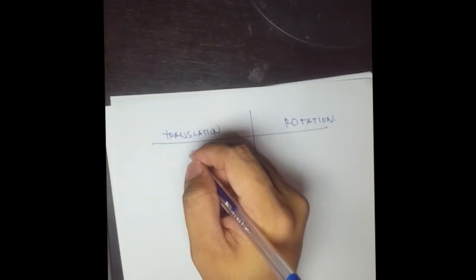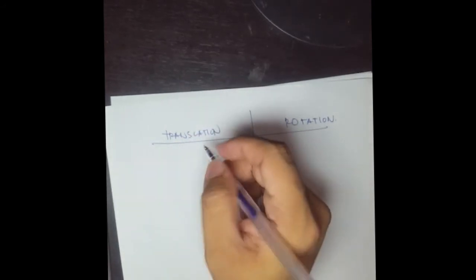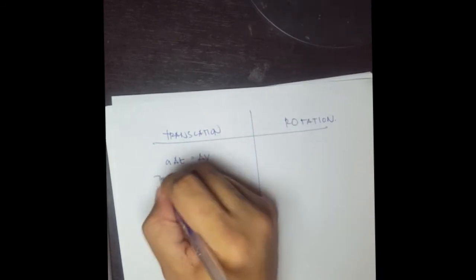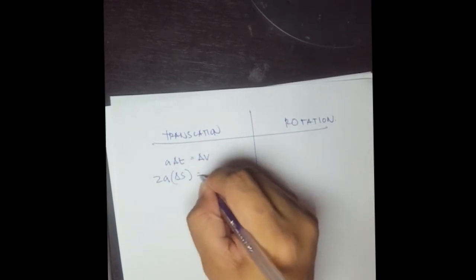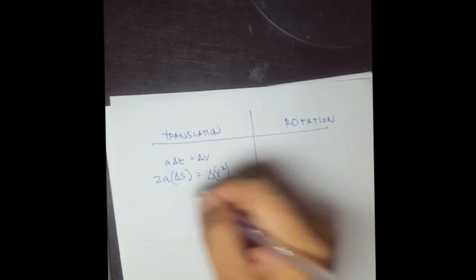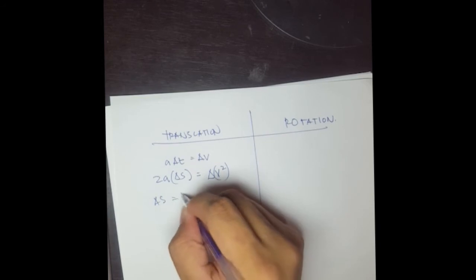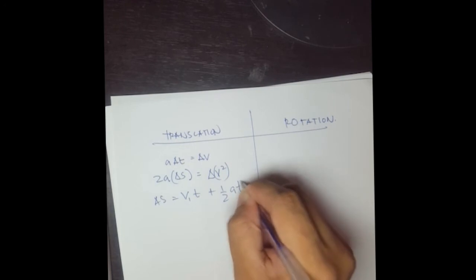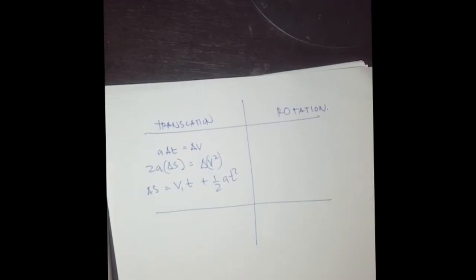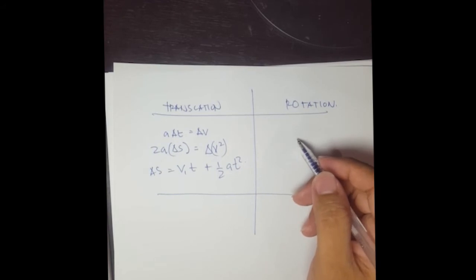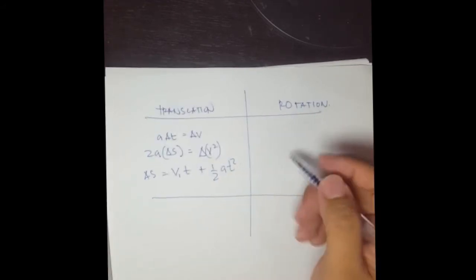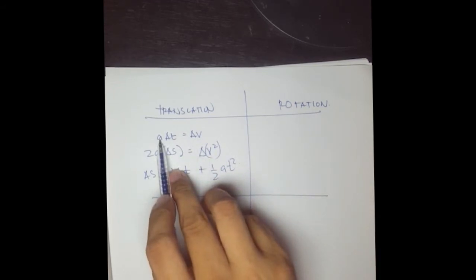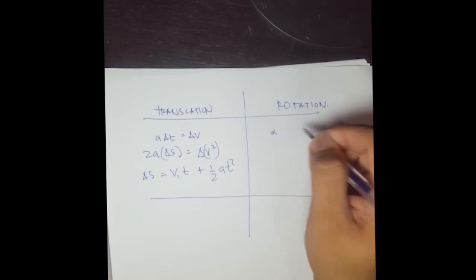If you remember from the equations of constant accelerations, so a delta t is equal to delta v, and then the 2a delta s is equal to delta v squared, and then another one, delta s is equal to v at 0.1 t plus 1/2 a t squared. Right, so here the mathematics or the calculus is just the same, except for the symbols or the variables that we use. So here we have acceleration. So for the rotation, we just change it to alpha.